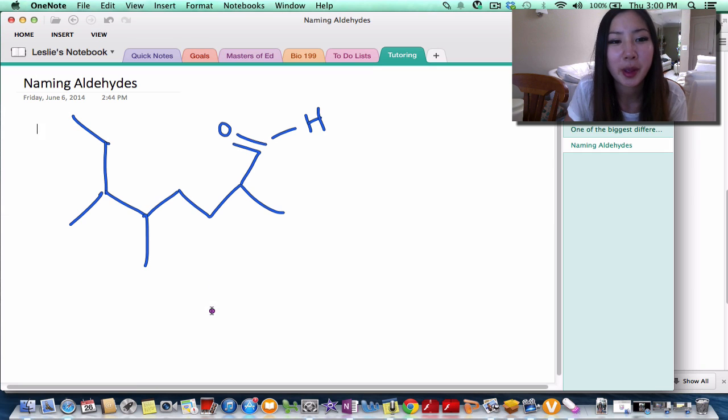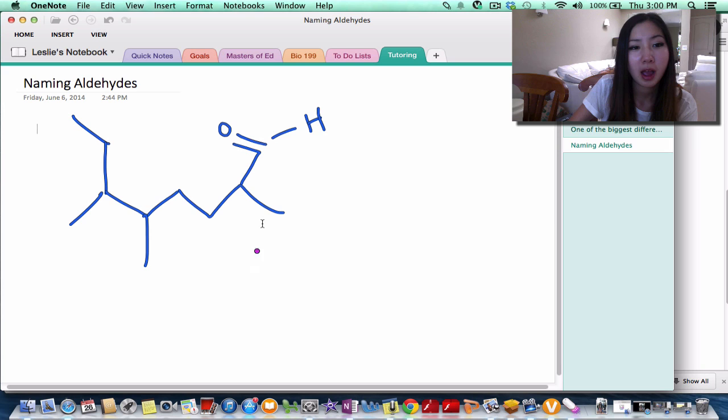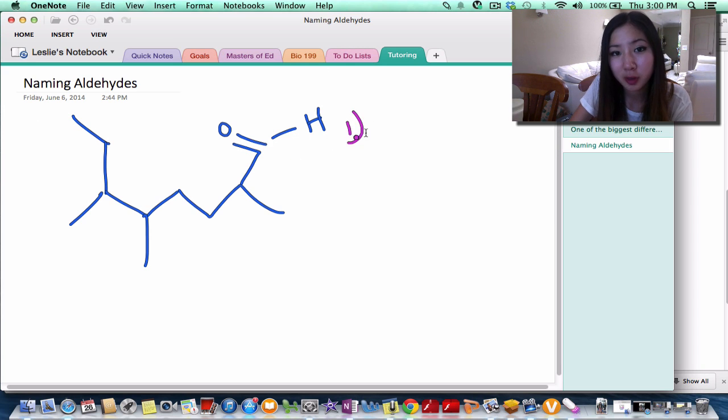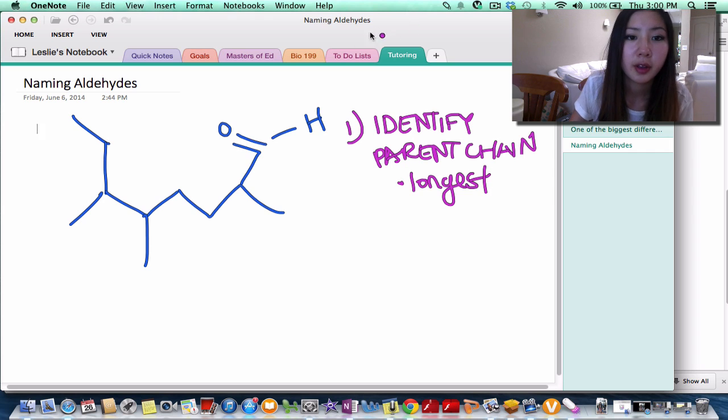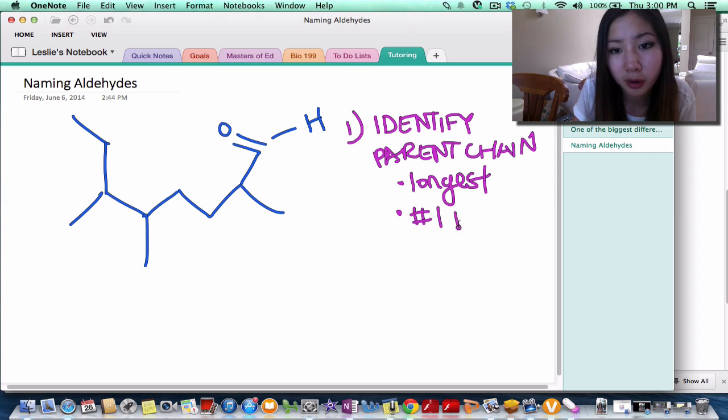Okay, so let's do an example. This example is going to correspond more to the first problem type I talked about, and then we'll do one with a ring as well. So the first step, right, is to identify our parent chain, right? And this is going to be the longest, right? And you always start, number 1 is part of CHO, right?